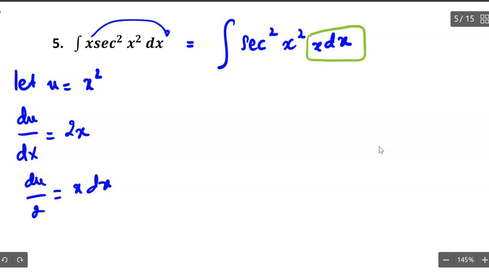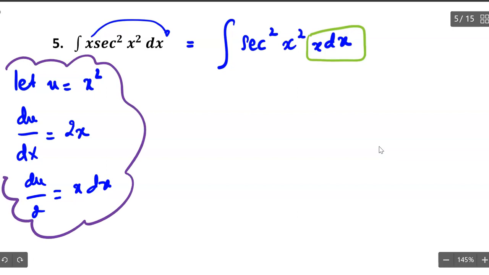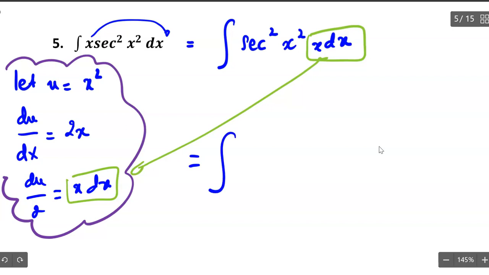Very simple. I can see that I already match my differential factor, x dx. So now what I can write is the integral of secant square x squared. I already let that equal to u, so I put the u.